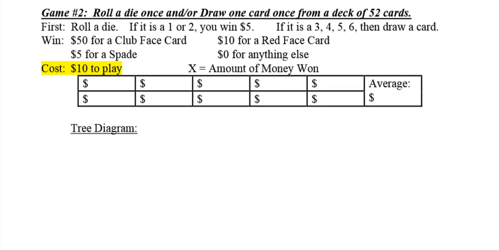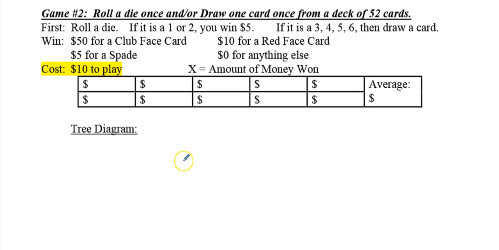All right, so we're going to get into a bit of a more complicated game. And in this game, it involves more than one step. So when you have a game that involves more than one step, what you want to do is make a tree diagram. So in the first round, you're going to roll a die. If it's a 1 or a 2, you win $5.